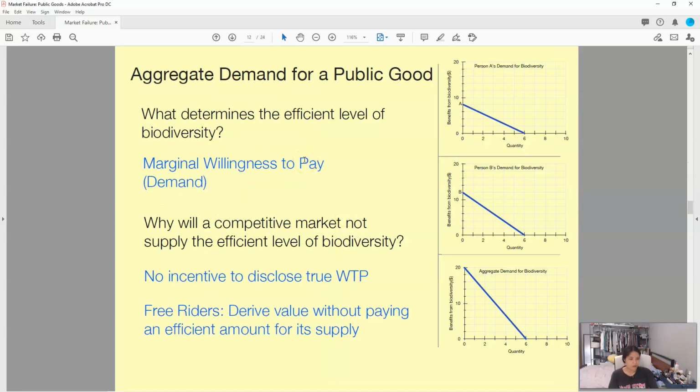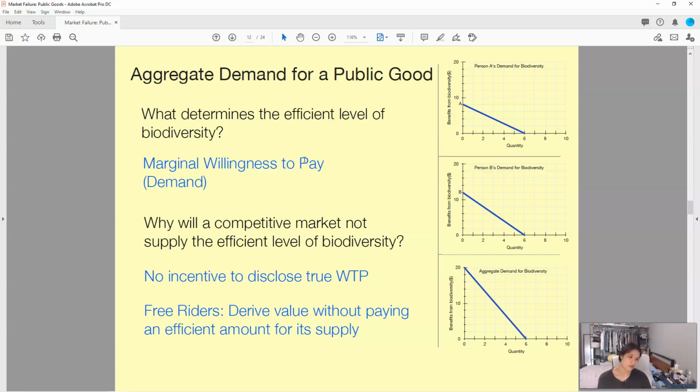Because the good is a public good, we have no incentive to disclose the true willingness to pay, because whether we pay for it or not, it will not change our ability to get benefits from it, right?